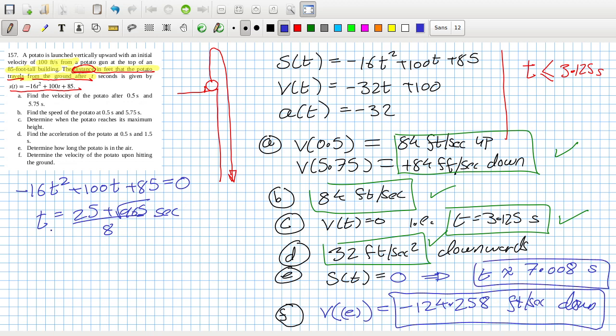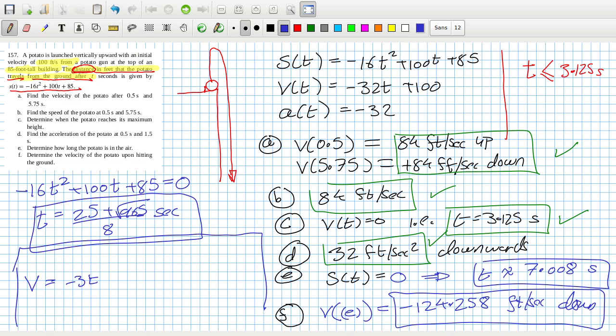But that's the approximate answer, and the precise velocity would be minus 32 times 25 plus root 965 over 8, plus 100.